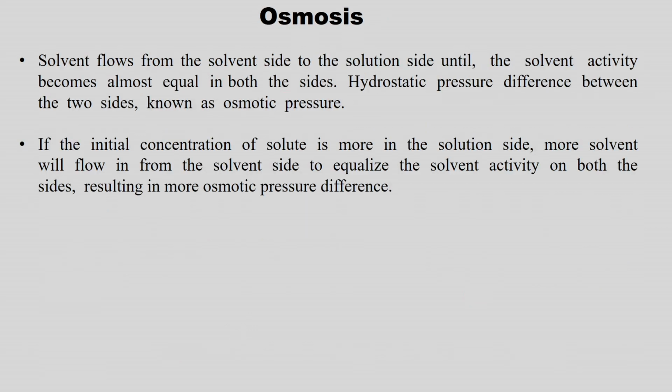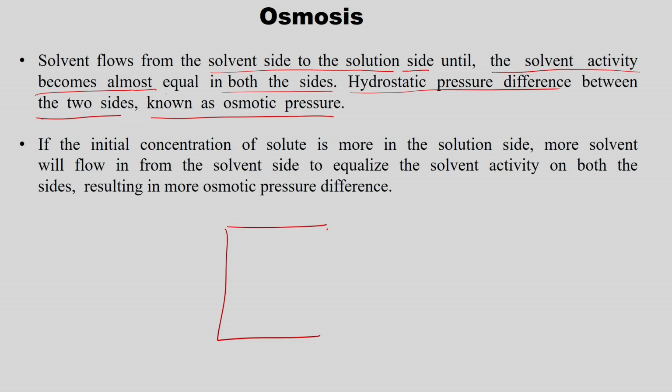The solvent flows from the solvent side to the solution side until the solvent activity becomes almost equal on both sides. Also, the hydrostatic pressure difference between the two sides is known as the osmotic pressure. For example, I have a system where I employ a semi permeable membrane.